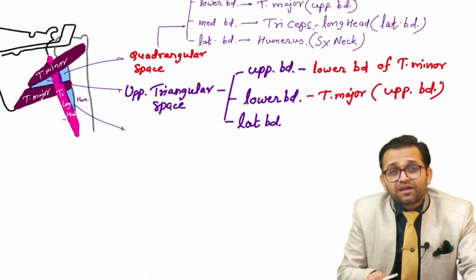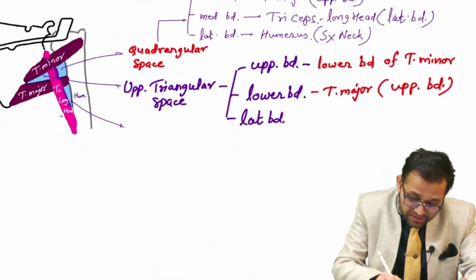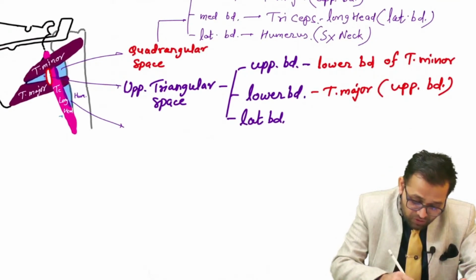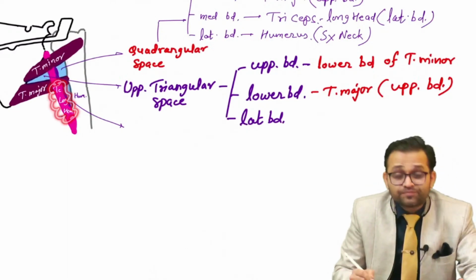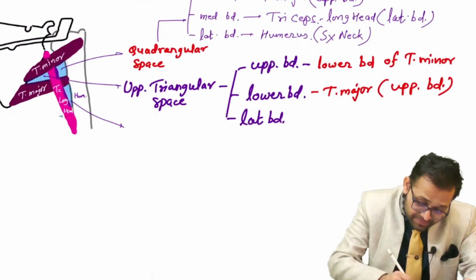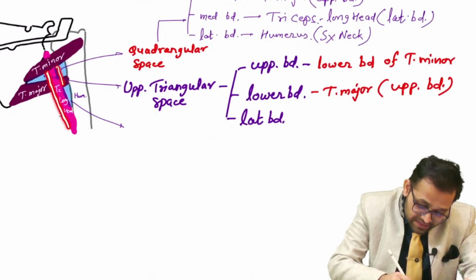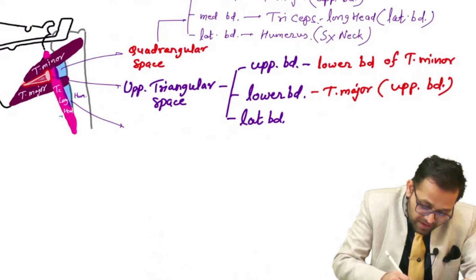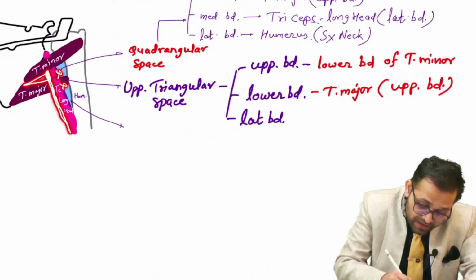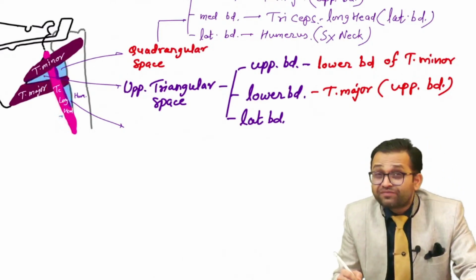It is very easy. Now tell me the lateral boundary. Yes sir, the lateral boundary is formed by what? Sir, laterally there is the long head of the triceps. Yes, which boundary? Beta, this is the medial border, this is the lateral border. Sir, this boundary is formed by the medial border, not the lateral border, of the long head of the triceps.